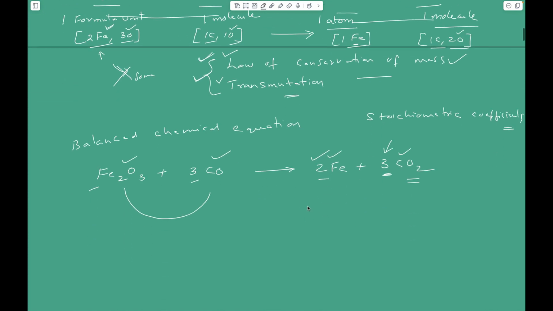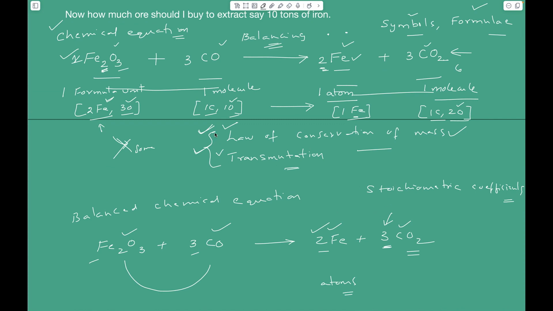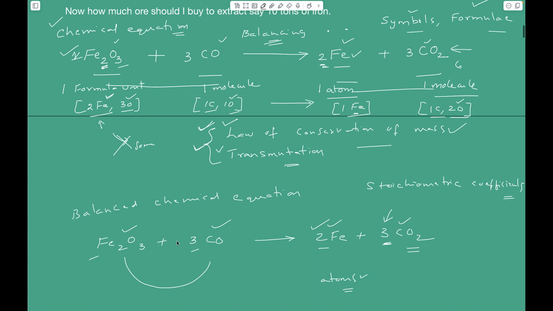That means I made sure that atoms are conserved during a chemical reaction. Otherwise, I do not know how to apply these two conditions. I could satisfy these two conditions while balancing this equation only by making sure that atoms of each element are the same before and after the reaction.